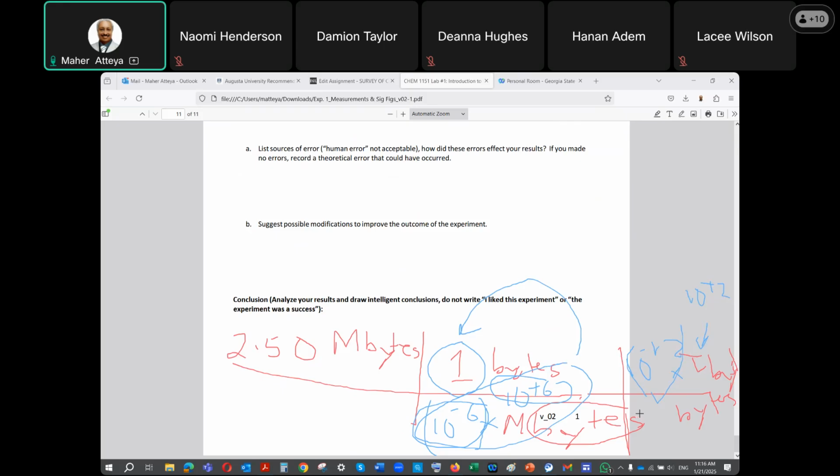Replacing the T, because I put here is 1 terabyte. So the bytes cancel out. The bytes and the megabytes cancel out. The whole unit is my terabyte.